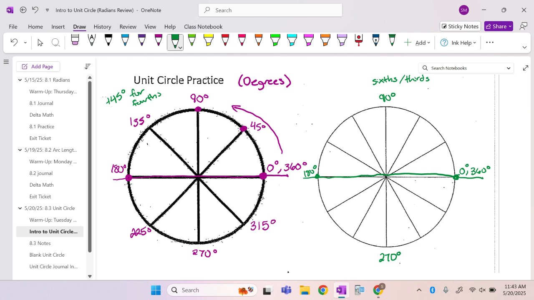East would be 0, 360. North would be 90. West would be 180. South would be 270, always. So the four cardinal directions, that's how they always go. Now, if I want to go 1/6 up, we're still rotating counterclockwise.